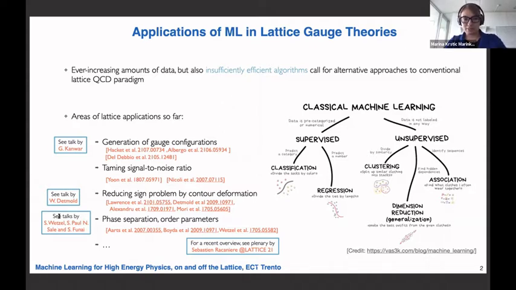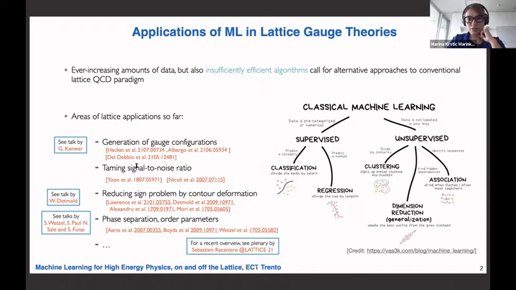One application is the phase separation that has been discussed in a talk today, but there are many talks in this workshop which will discuss the applications of machine learning in learning the structure of phases of different theories. Then there were applications to generation of gauge configurations, and Ted will discuss, I assume, this also in the continuation of the workshop.